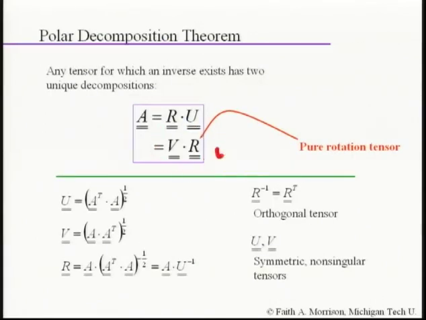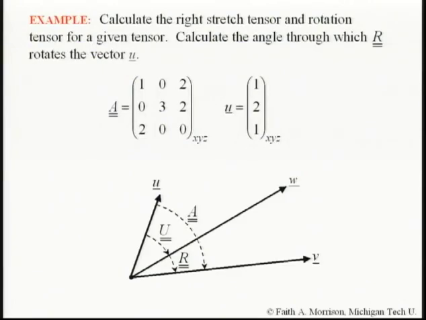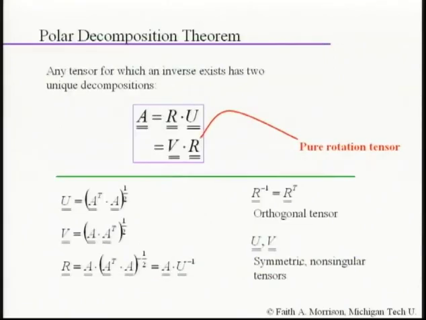So if I apply it here, I apply R to it first and then V. And so that would be like rotating it by the same amount that R rotates it, and then stretching it and rotating it to the final answer. Okay, so let me just give you something to see with all those words.